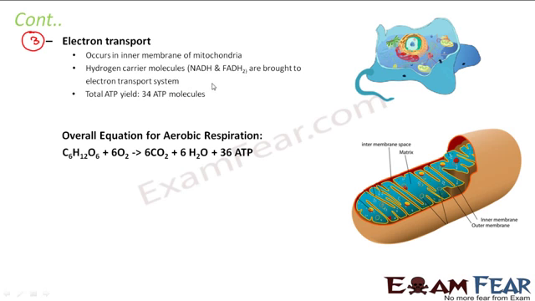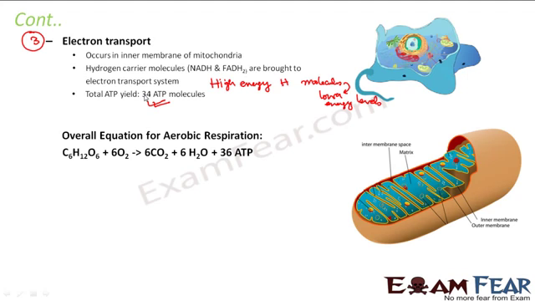So what basically happens here is high energy hydrogen molecules are brought to lower energy levels, and during this process a lot of energy is produced. So how many ATP molecules are produced here? 34 ATP molecules.